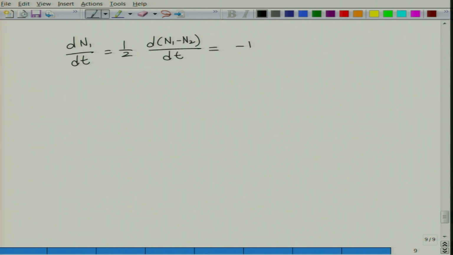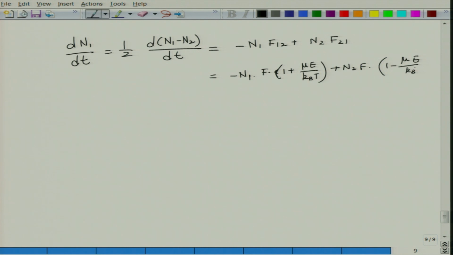This was equal to minus N1 F12 plus N2 F21, which is minus N1 into F into (1 plus mu E by kBT) plus N2 into F into (1 minus mu E by kBT).